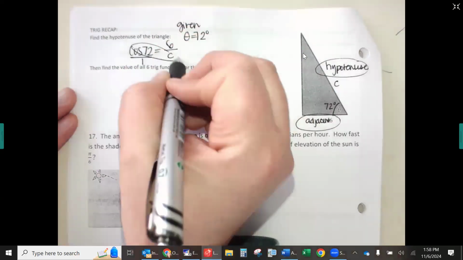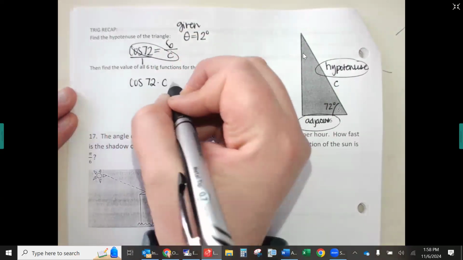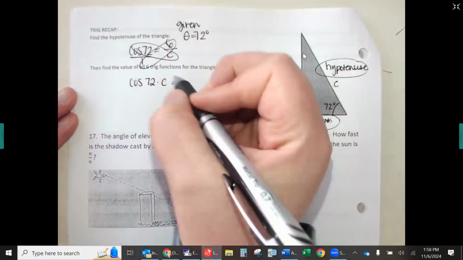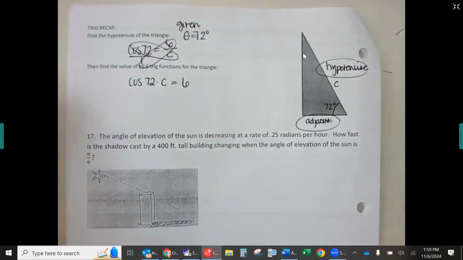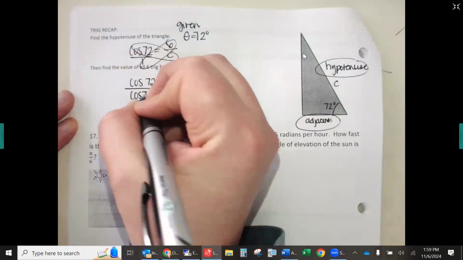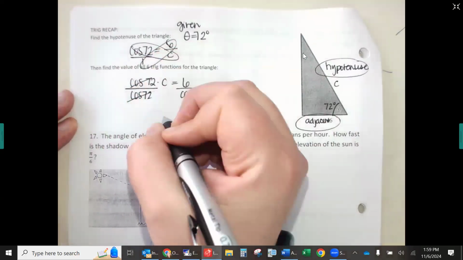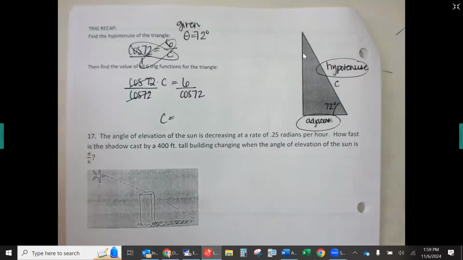So cosine 72 times c is cosine 72 times c. 1 times 6 is 6. And then how would I solve for side c? What would I need to still do? Divide cosine 72 on both sides. And then whatever this divides to is going to tell me how long side c is.